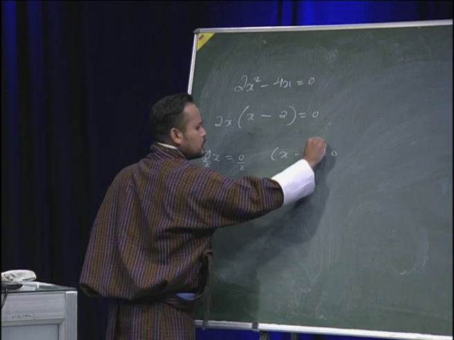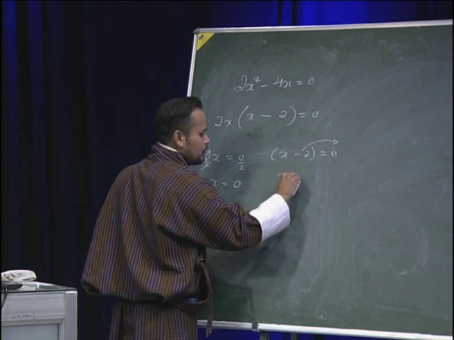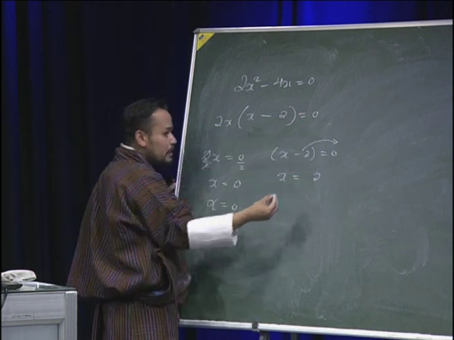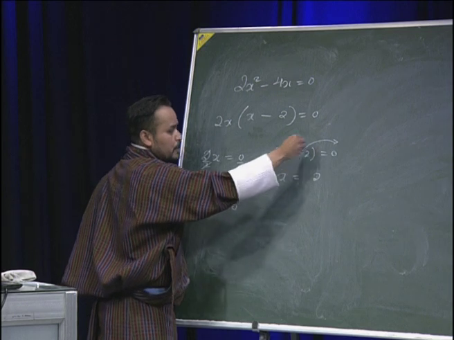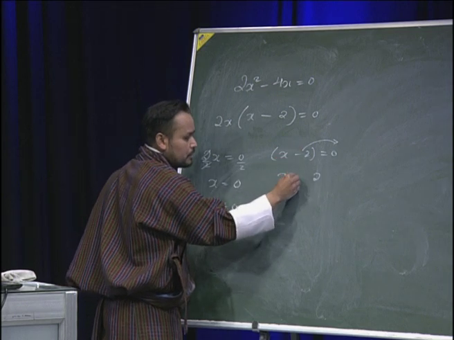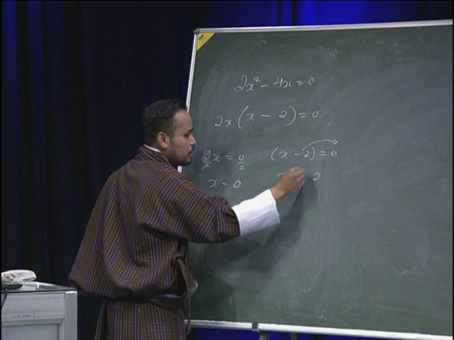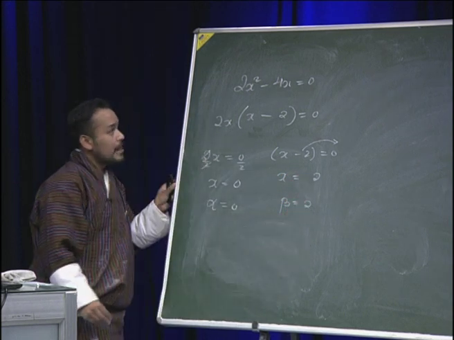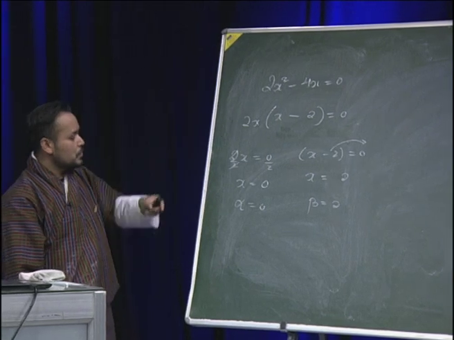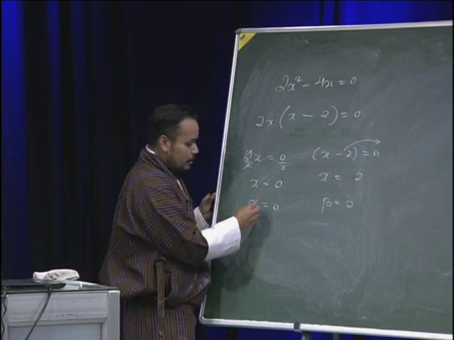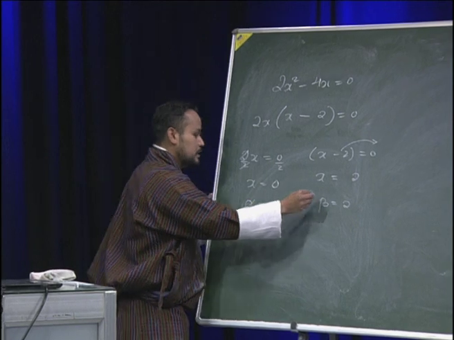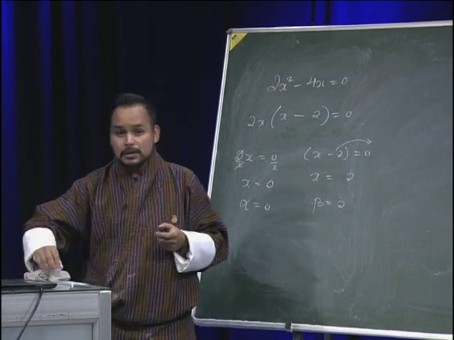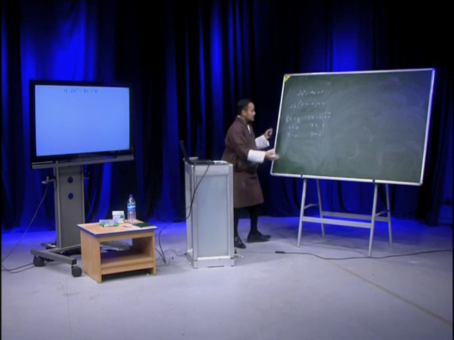Now, you take the 2 to the other side, x will be equal to 2. When I take negative 2 to the other side of equal to, negative will become positive. So, I got the other root, x will be equal to 2. Therefore, beta will be equal to 2. Hence, the roots of this quadratic equation are alpha is equal to 0 and beta is equal to 2. I hope you understood how to find the roots of this quadratic equation.